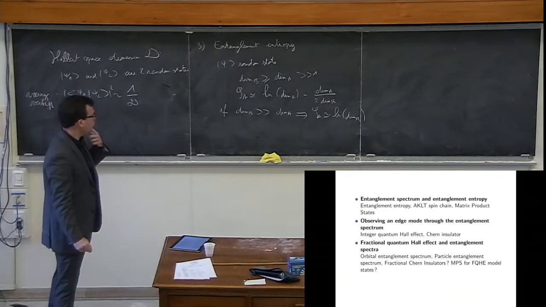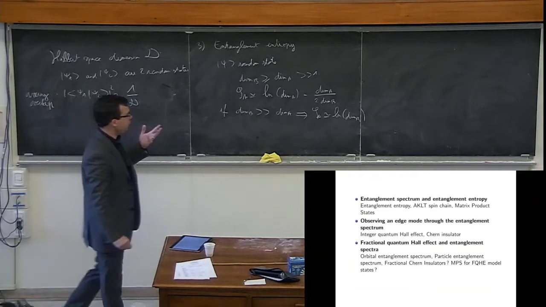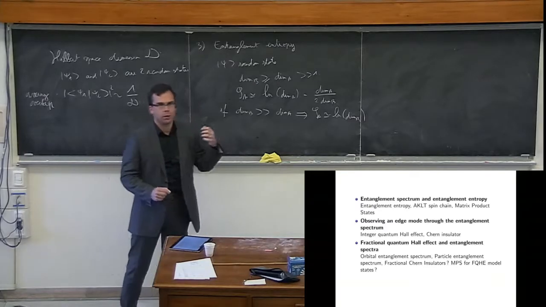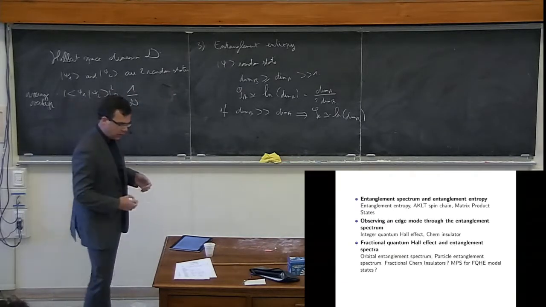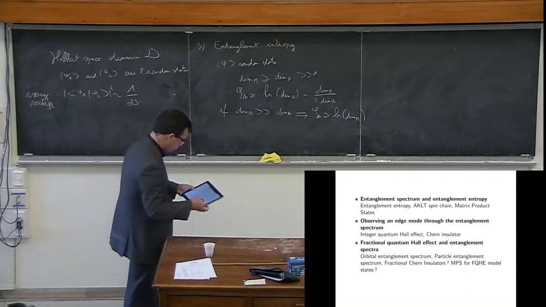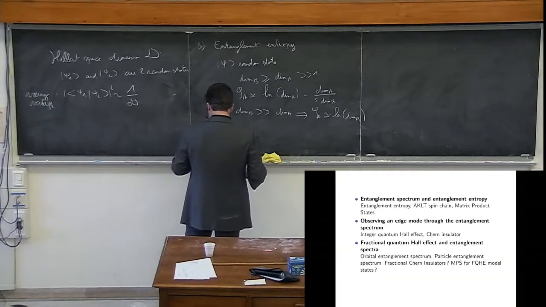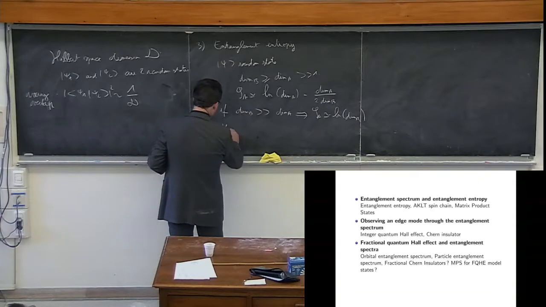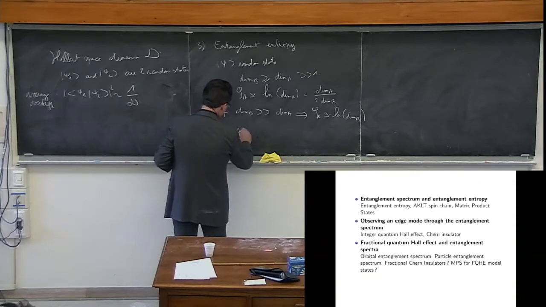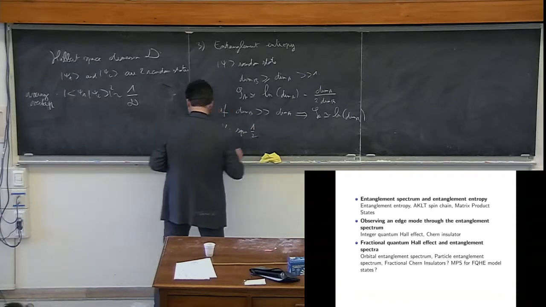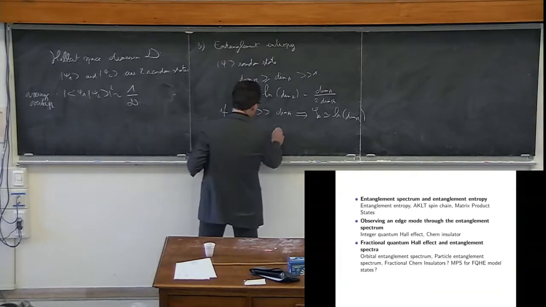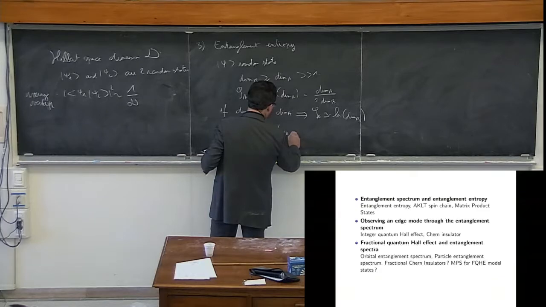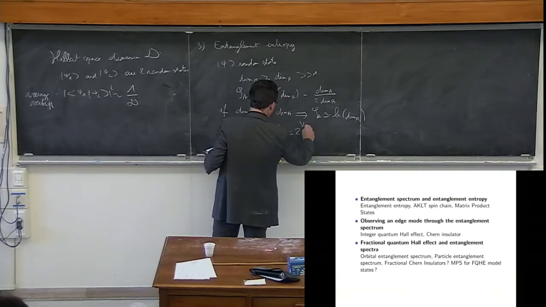So what is the physical meaning of this entropy? Once again, take the spin 1/2. Let's say you have V_A spin 1/2. You know that if you have V_A spin 1/2, the dimension of A will be 2 to the power V_A.